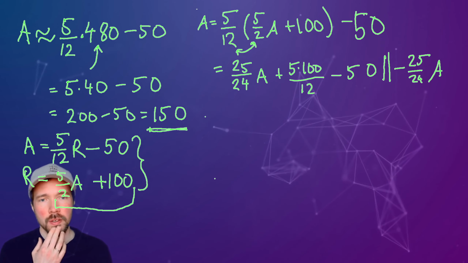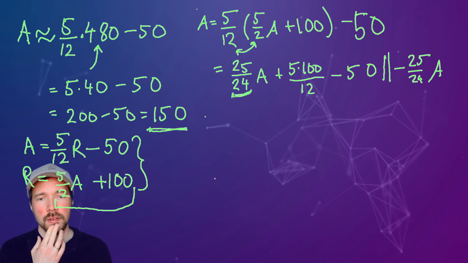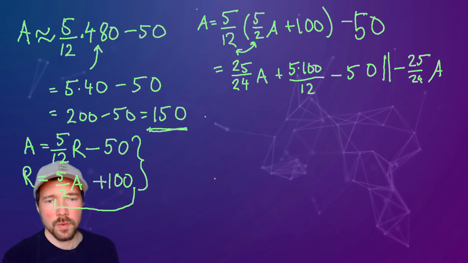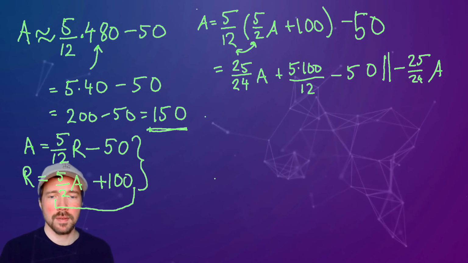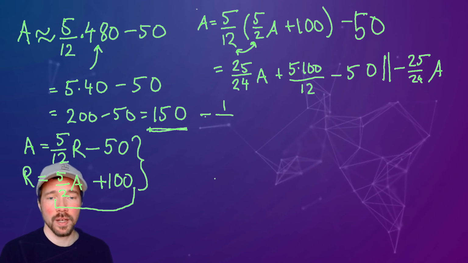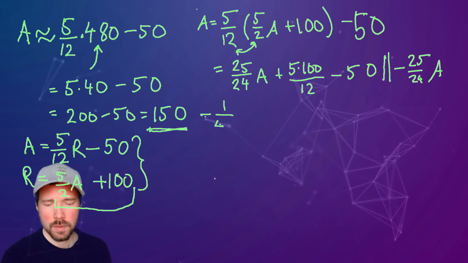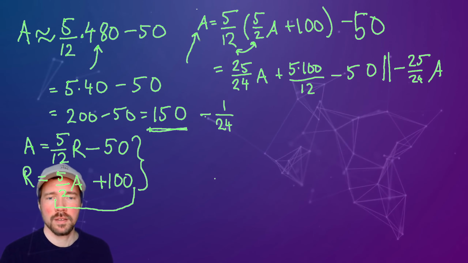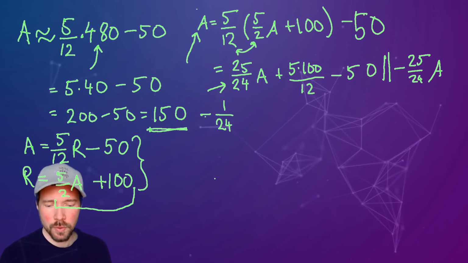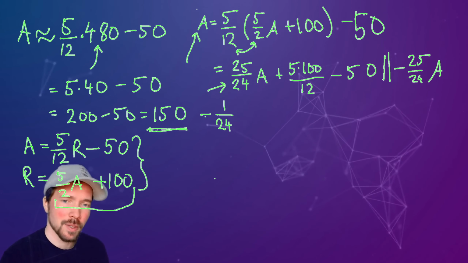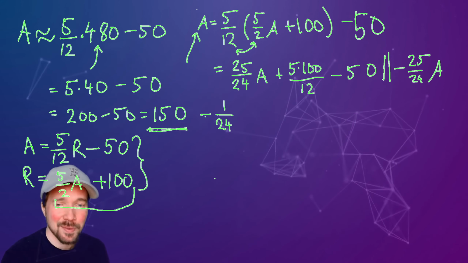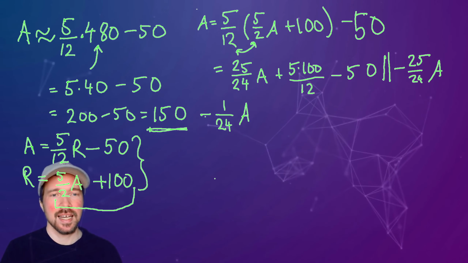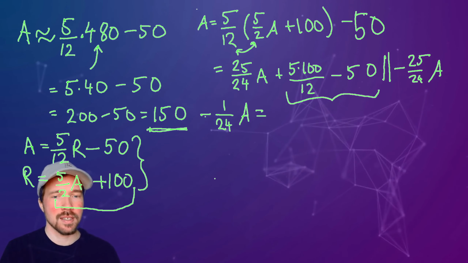Oh, interesting. So 1 minus this is minus 1/24, because here we have 1 minus this, 24/24 minus 25/24, which is minus 1/24 A, and is equal to this.